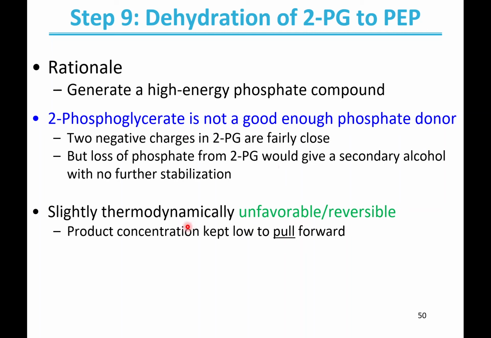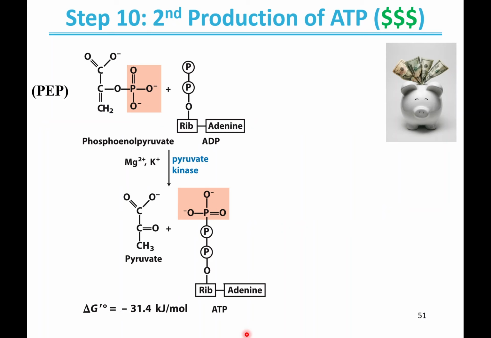Okay. This reaction is slightly unfavorable and reversible. Product concentrations here, again, are kept low to pull it forward. So PEP concentrations are low, and that pulls this reaction forward. Okay. The final step of glycolysis, step 10, this is our second production of ATP, and it's actually the third energy producing step.